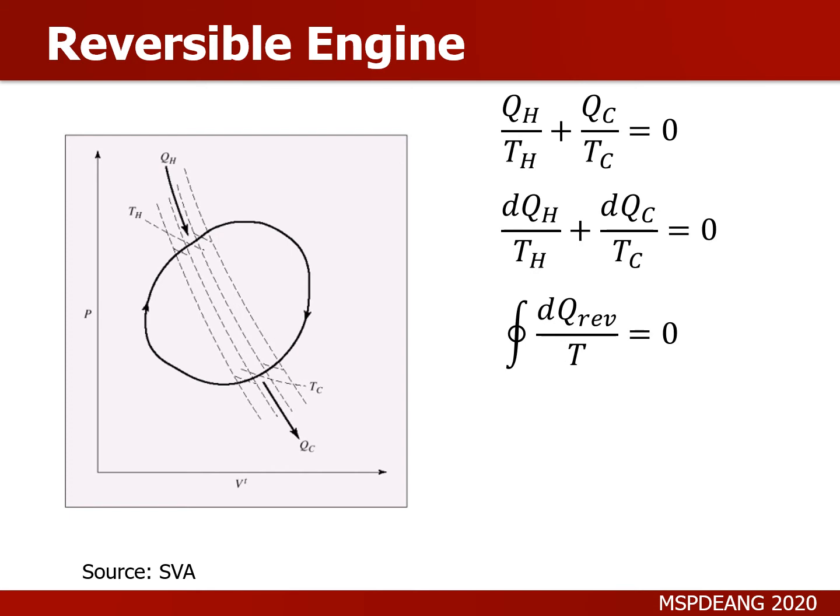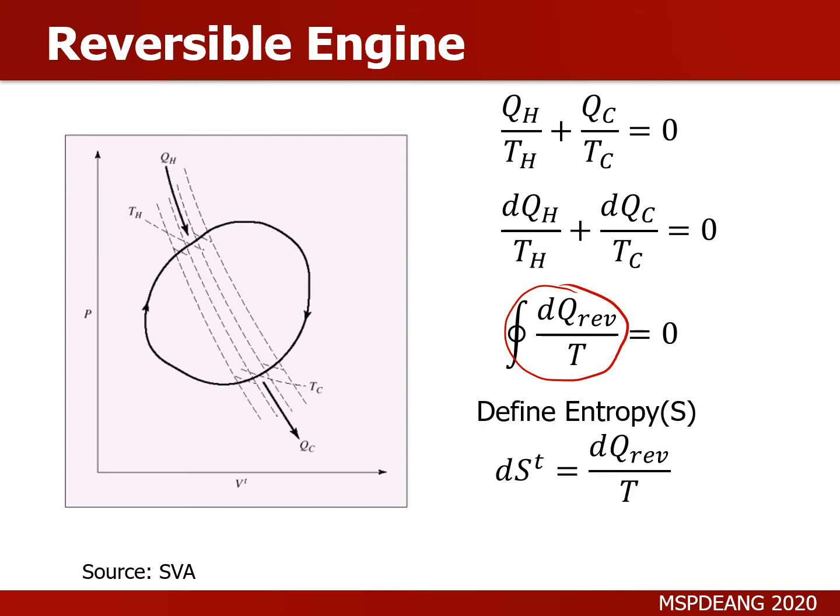So this quantity dQ rev over T, we can define as a new state property. And this is now what we call the definition of entropy. dST, or the total entropy, is simply equal to the reversible heat change, dQ rev, over temperature, and rearranging, T dS total is equal to dQ rev.